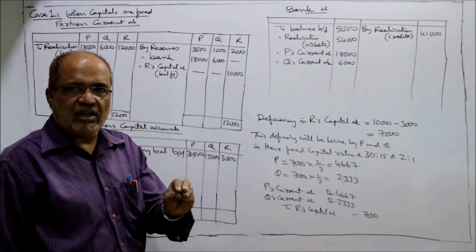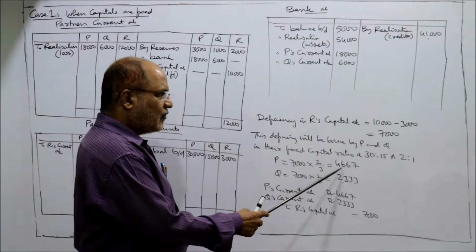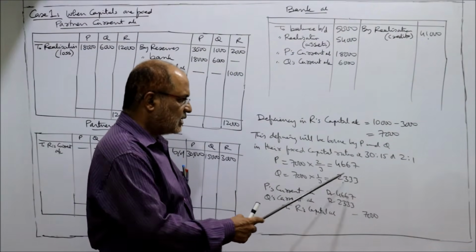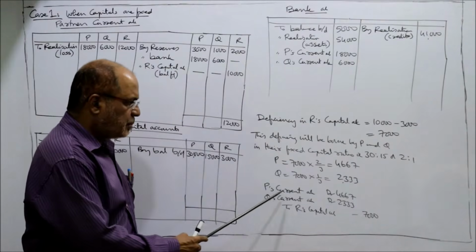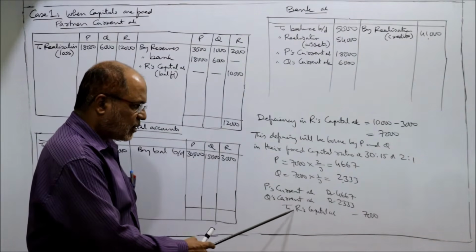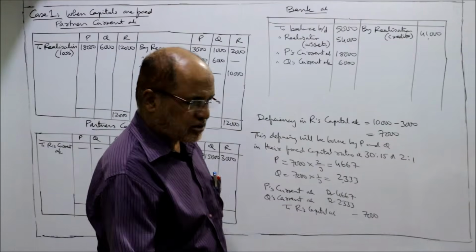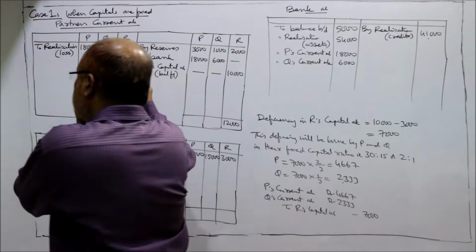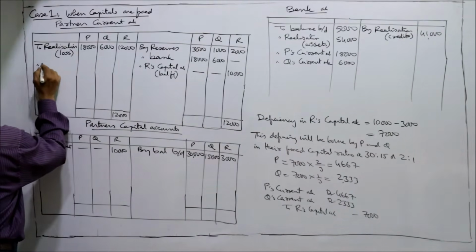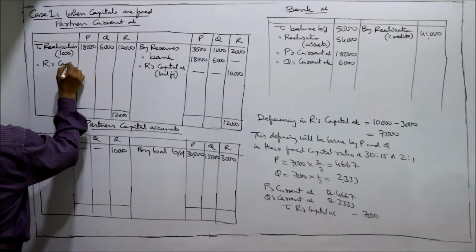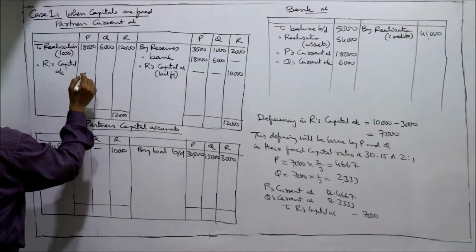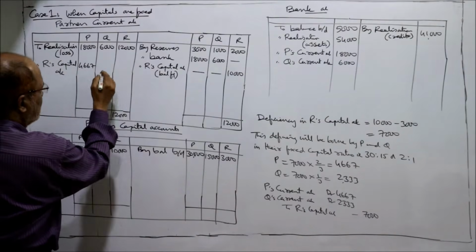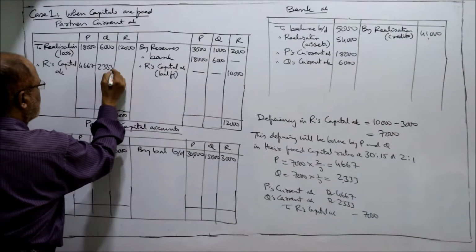तो deficiency 7,000 का हुआ. तो 7,000 में 4,667 का deficiency P bear करना और 2,333 का Q. The entry is P's current account debit, Q's current account debit to R's capital account. So how much P? 4,667. Here 2,333.